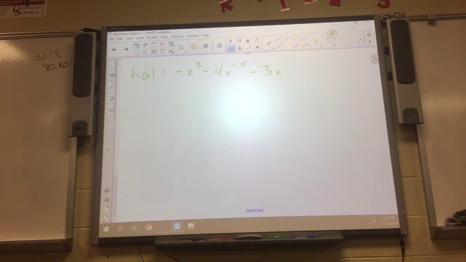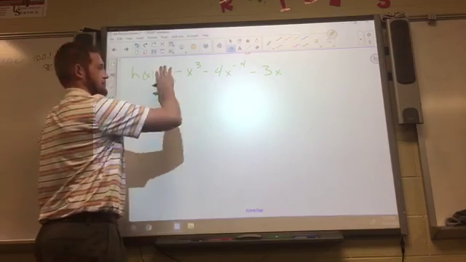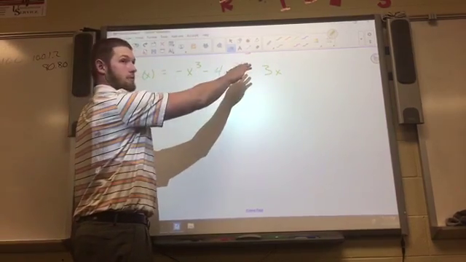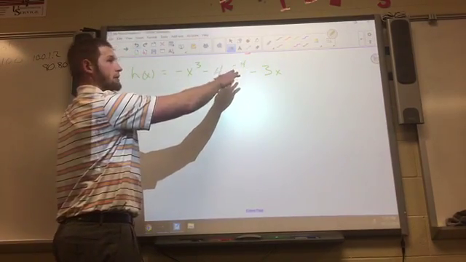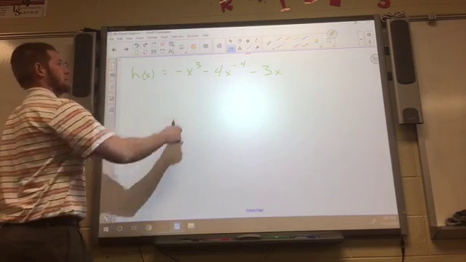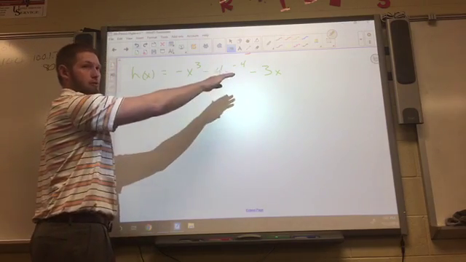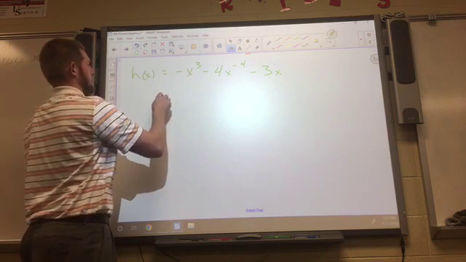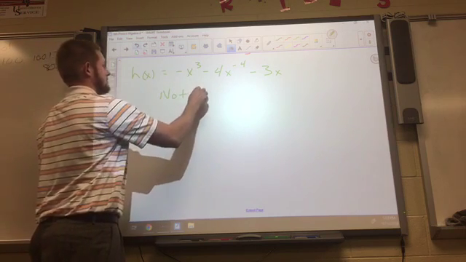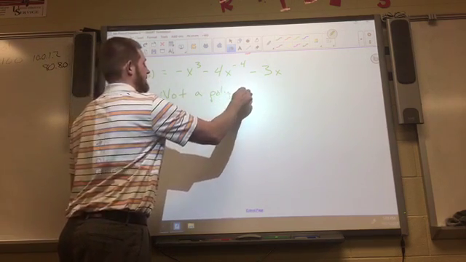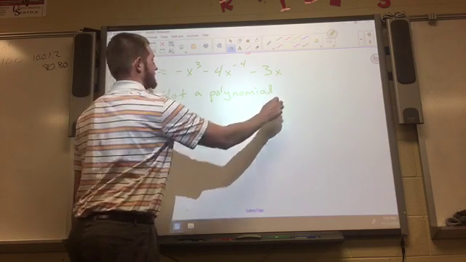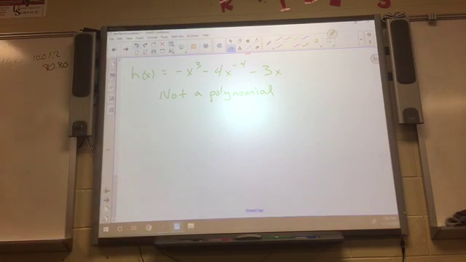Does that mean this is not even possible to have? No, we could have this. We'll get into that later, but it's just not a polynomial. So the answer is not a polynomial. And if it's not a polynomial, then it does not have a degree, and you cannot find a leading coefficient.